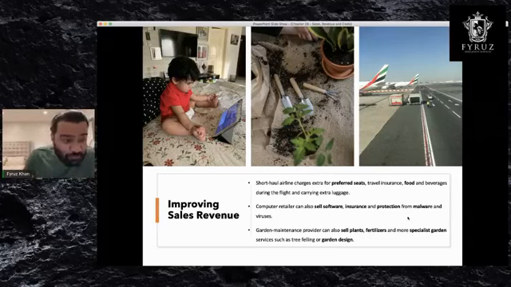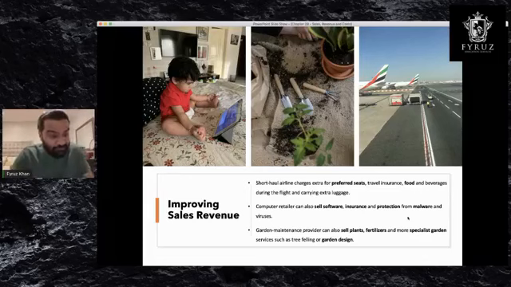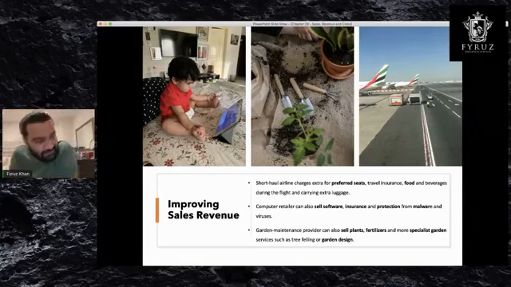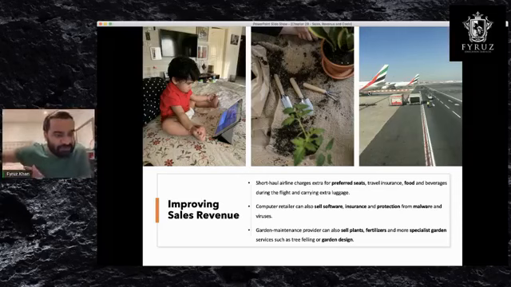His main service was maintaining the plants, but with that he also has different kinds of plants to sell, or different fertilizers for plants, or medicines for plants, right? So his main service is to maintain and take care of the plants, but then he can also sell plants, fertilizers, pesticides, and so on.